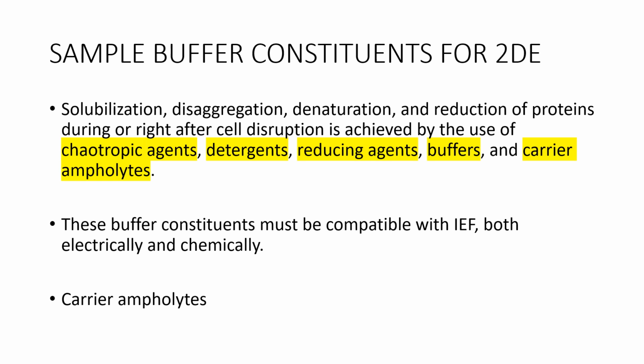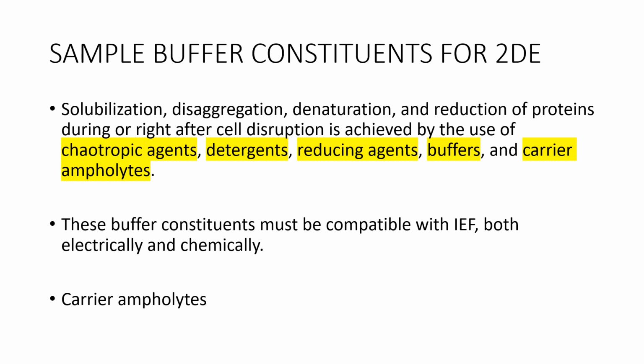Urea-containing solution may not be heated above 37 degrees Celsius to avoid degradation of urea to cyanate. Cyanate ion can react with the amine group of protein, which can cause carbamylation and remove the positive charge of the amine, thereby affecting the pI of the respective protein.